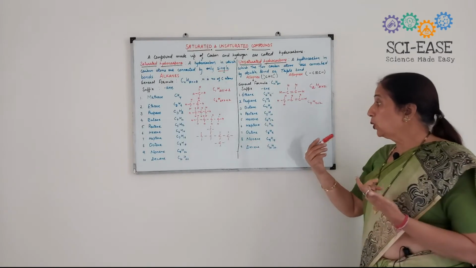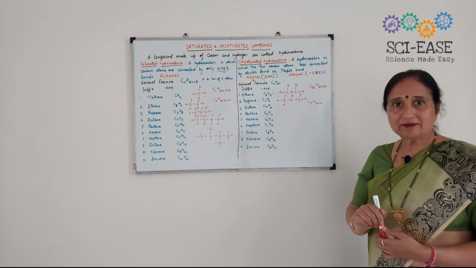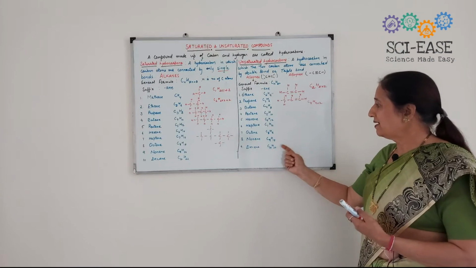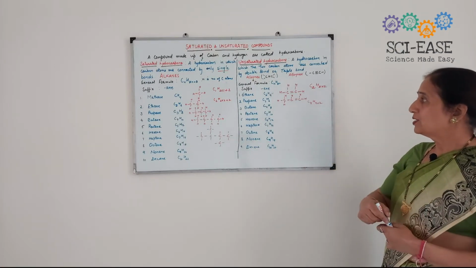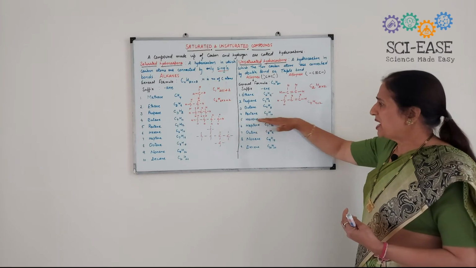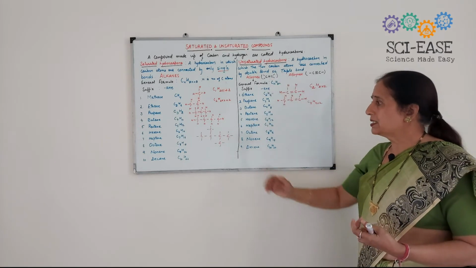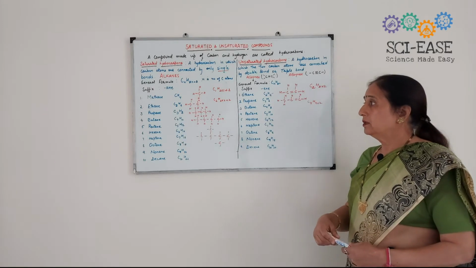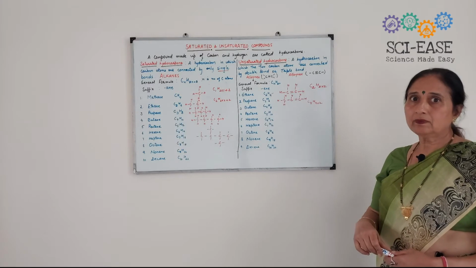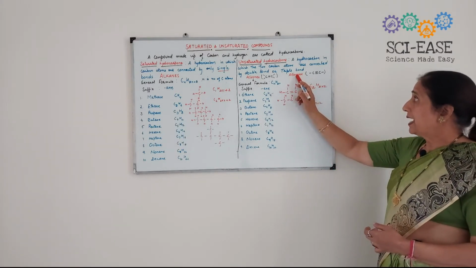Then comes nonene, C9H18. And decene, C10H20. So in 10th class, naming up to hexene is sufficient, but I must tell you the names up to carbon 10.